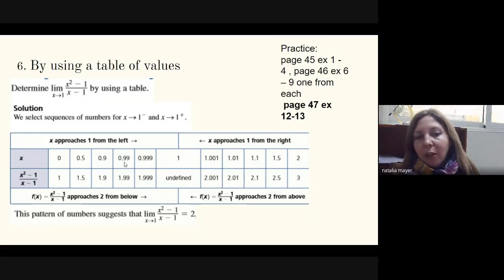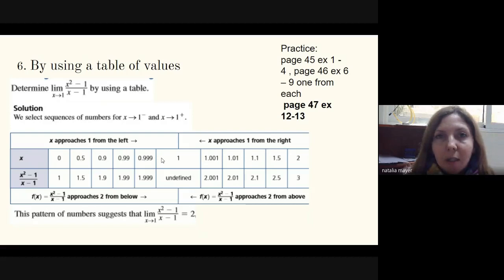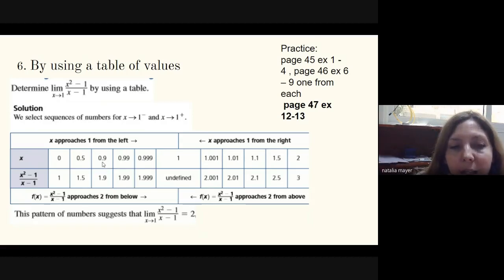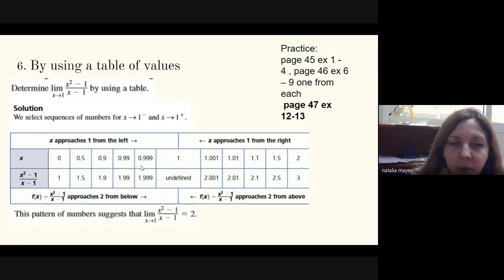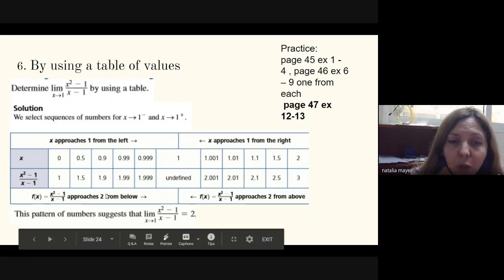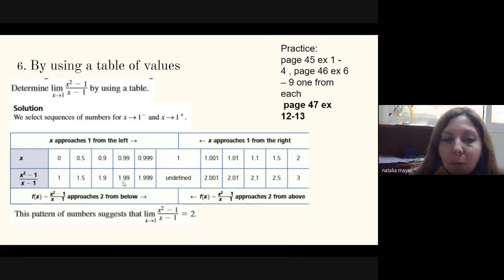There are more here to make it even more clear. So if I take 0.9, 0.99, 0.999, I'm getting closer and closer to 1 from the left. And if I sub in these values into the function, my output will be 1.9, 1.99, 1.999.